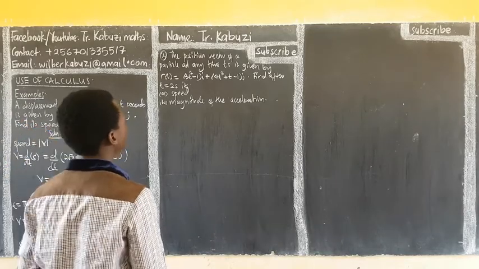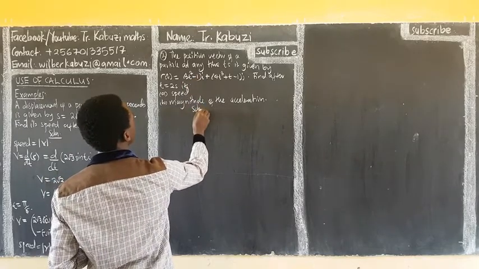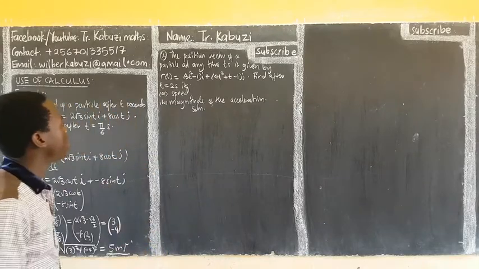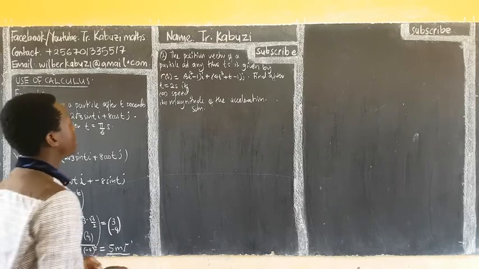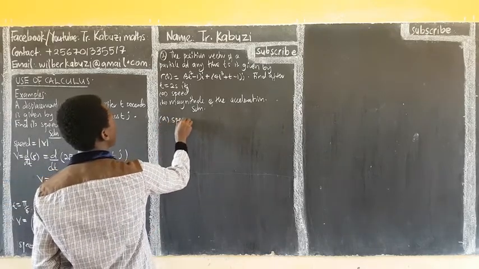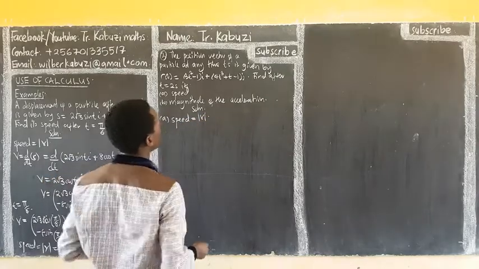When it comes to this, the position vector of a particle is given by this. Find after t equal to 2 seconds its speed, then the magnitude of the acceleration. As we say, our speed is given by the magnitude of velocity, so you need to get velocity first.